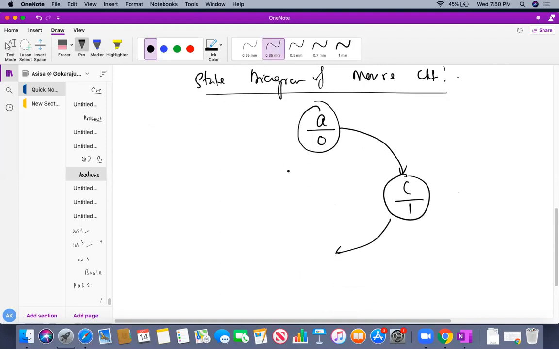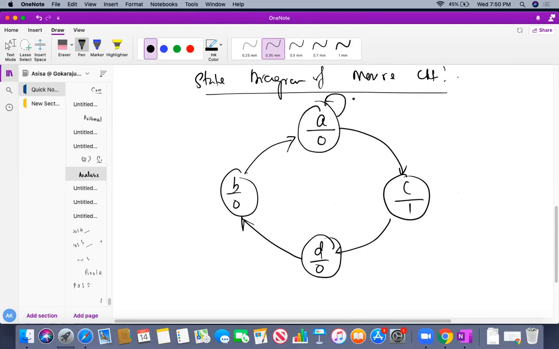So this is D0, next this is C1, this is B0, and this is, let's say, A0, and it has the transitions 0, 1, 1, 0, 1, 0, 0. So this is the way.